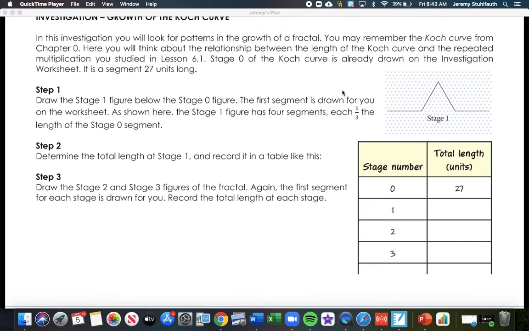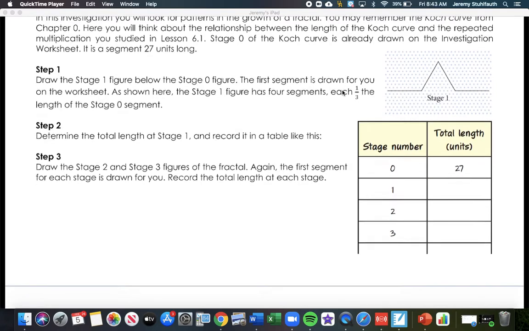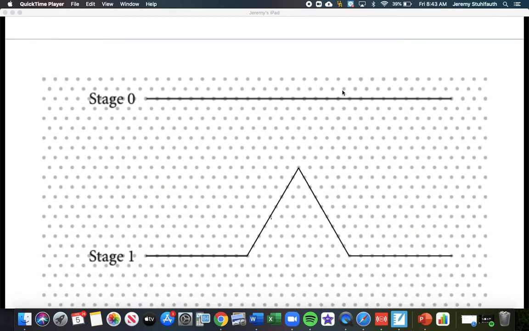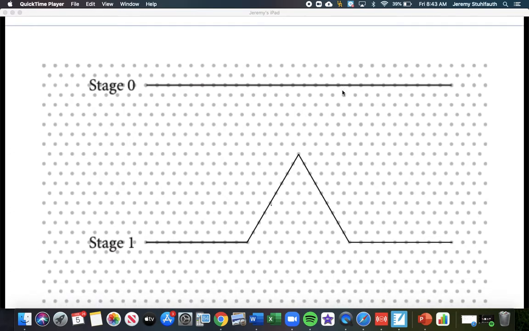Then we're going to draw stage 1. The stage 1 figure has 4 segments, each 1/3 the length of the stage 0 segment. Instead of being a line that goes 27 units long, we have 4 segments. We go 1/3 of the length of 27, which would be 9 units.